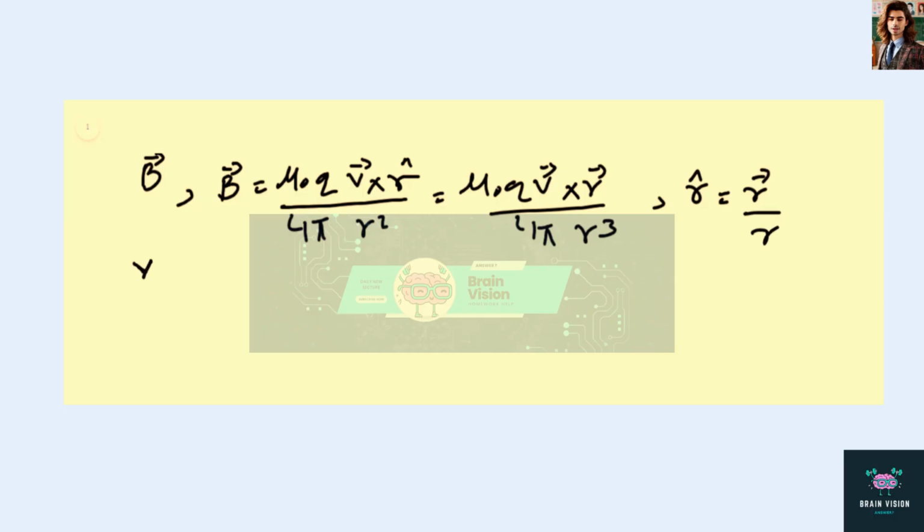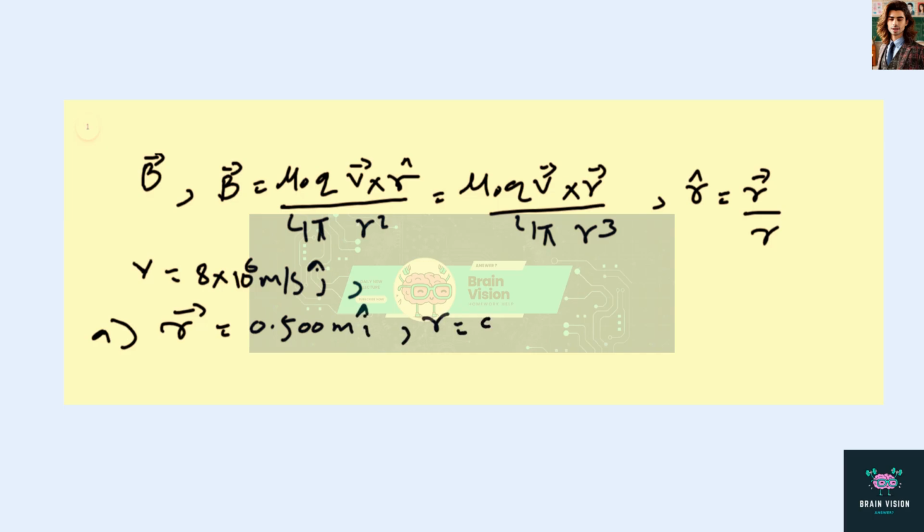Here v is 8 times 10 to the power 6 meters per second in the j direction, and r is the vector from the charge to the point where the field is calculated. For part A, we have the r vector that is 0.500 meter in the i direction, having a magnitude r which is 0.500 meter.